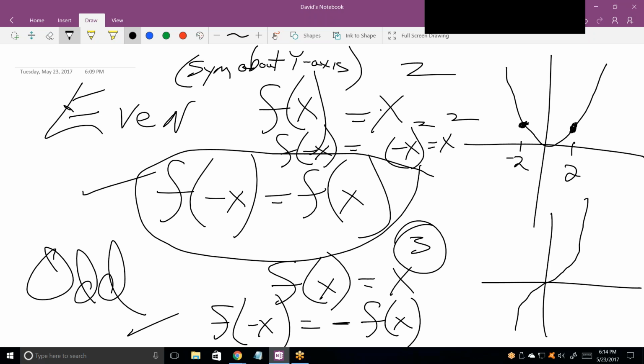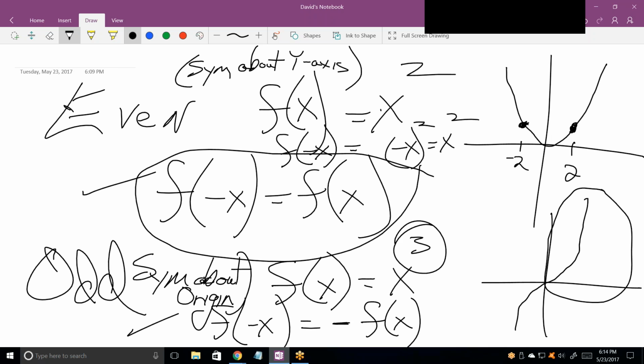Odd functions, symmetry about not the x-axis, but the origin. And what does symmetry about the origin mean? It means if I take this part of the curve and I reflect it over y and then x, I get that. So symmetry about the origin is really a reflection over both axes.